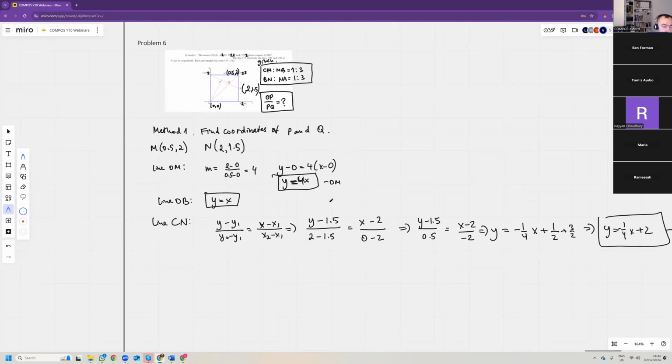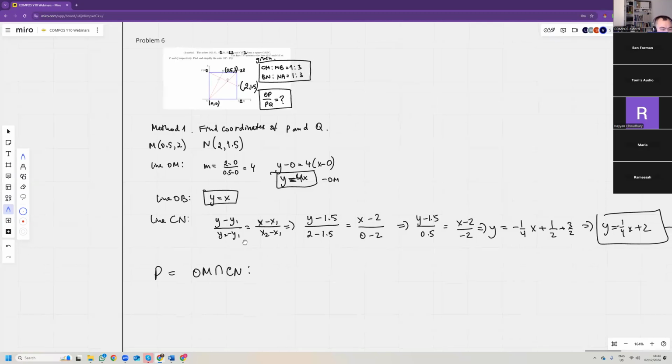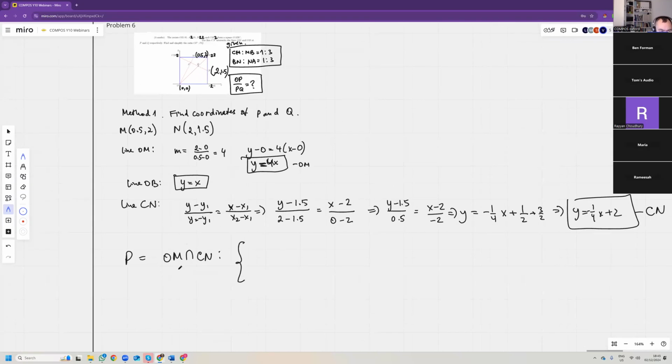So P and Q are intersections. P is the intersection of line OM and line CN. Yes, I'm using the intersection symbol. So y equals 4x, and y equals minus a quarter x plus 2.